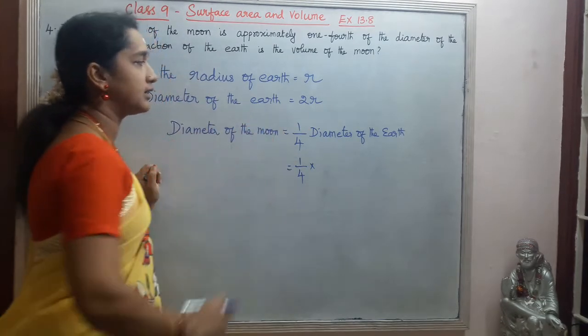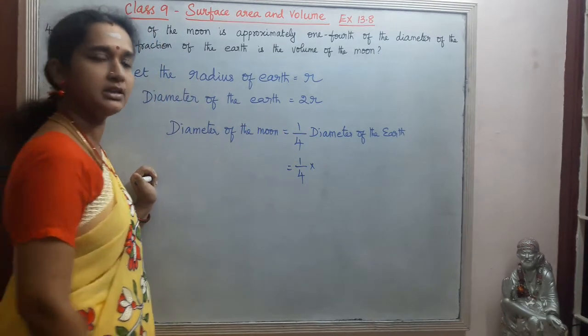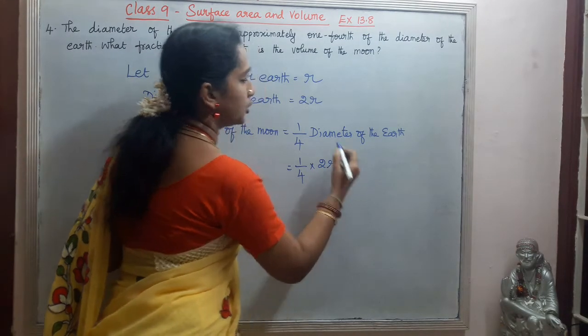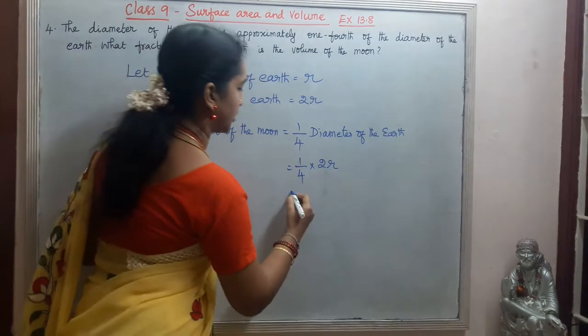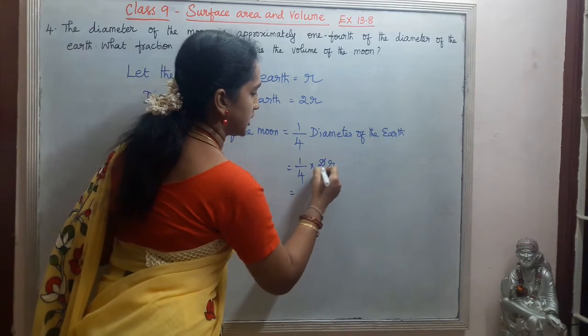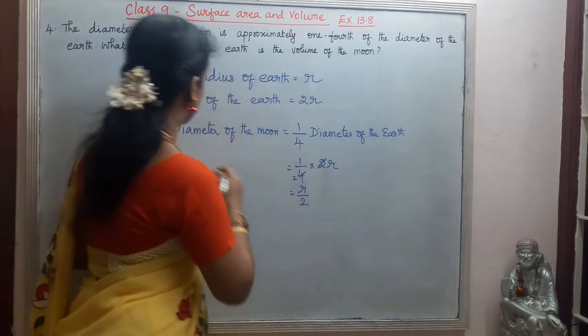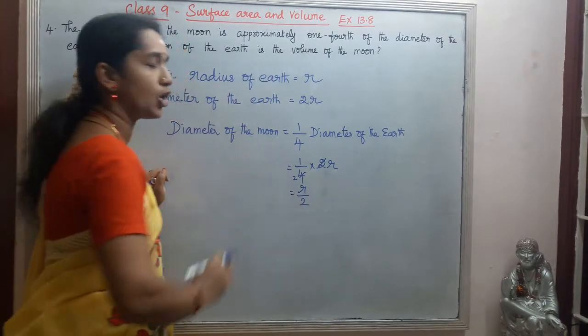So what we have taken as the diameter of the earth is 2r. What will be the diameter of the moon here? According to the question, if we simplify this, it will be r/2. So that is the diameter of the moon.